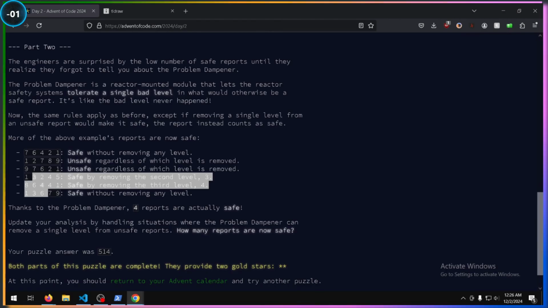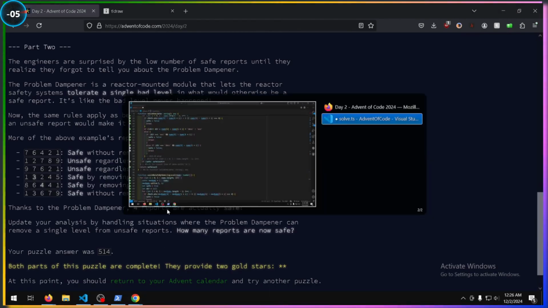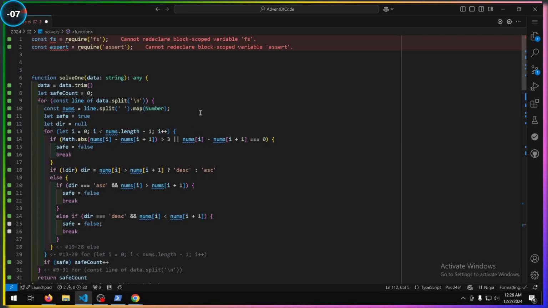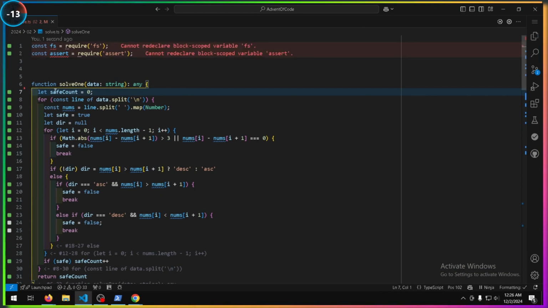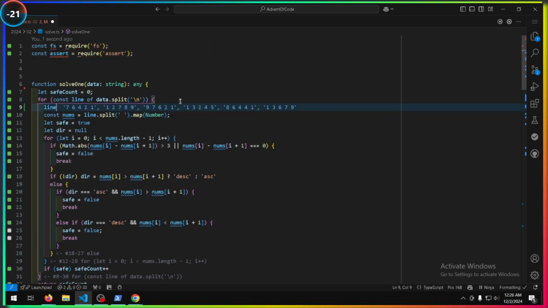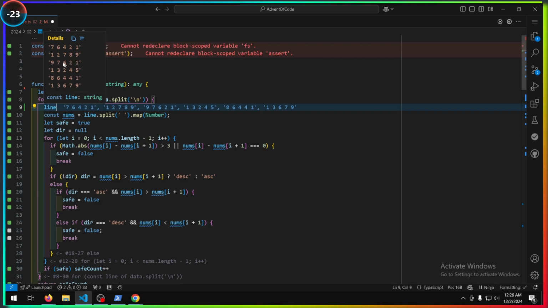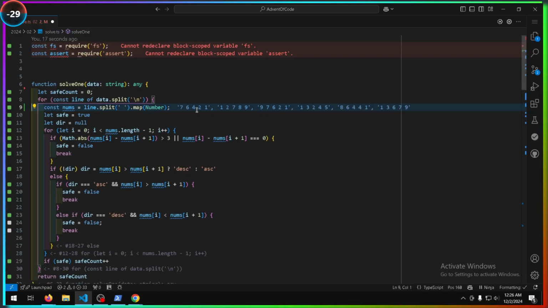Okay. So, let's start with the first part. That's crazy, I know. So, solve one. First, we did some data trimming because I'm scared, but we didn't need to do that. Then we count up the number of reports we have detected as safe, and we start going through every single line. This just splits our string by a new line, so we get a string that contains each line of characters.